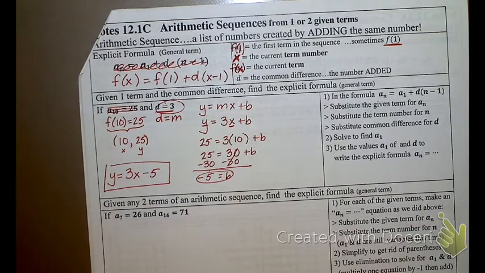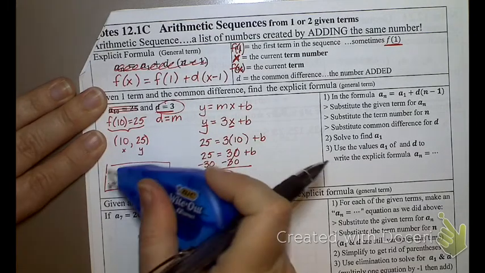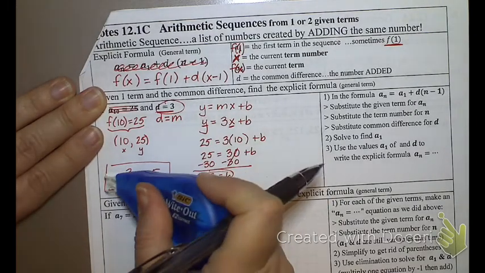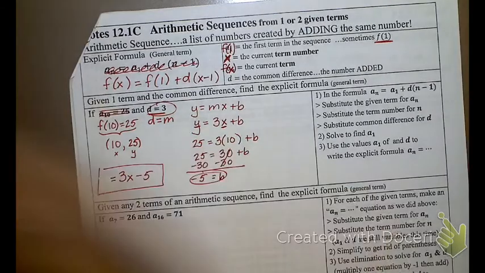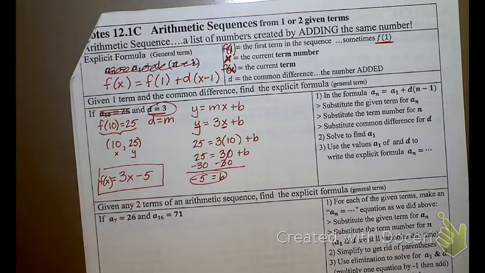Now, should I write y? I'm thinking about this after I wrote it. I probably shouldn't. What do you think I should write? F of x. Let's just stick with the same notation throughout. So instead of y, I'm going to write f of x. Pretty easy? Okay.